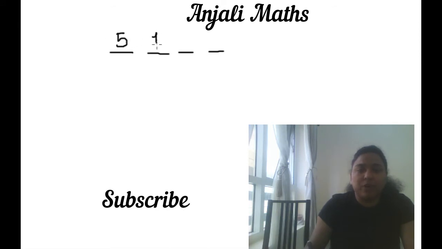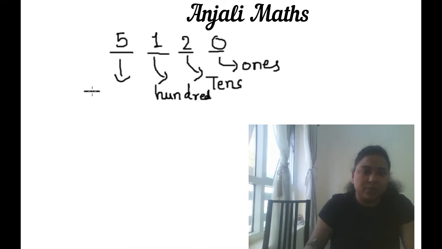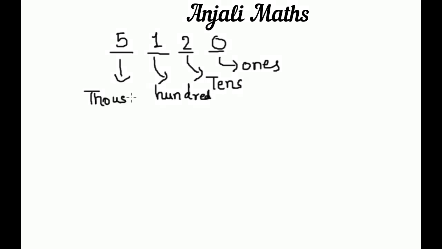5, 1, 2, 0. This is the ones place, tens, 100, and 1000. Now start from 5. We will write 5 and add 1000 here.